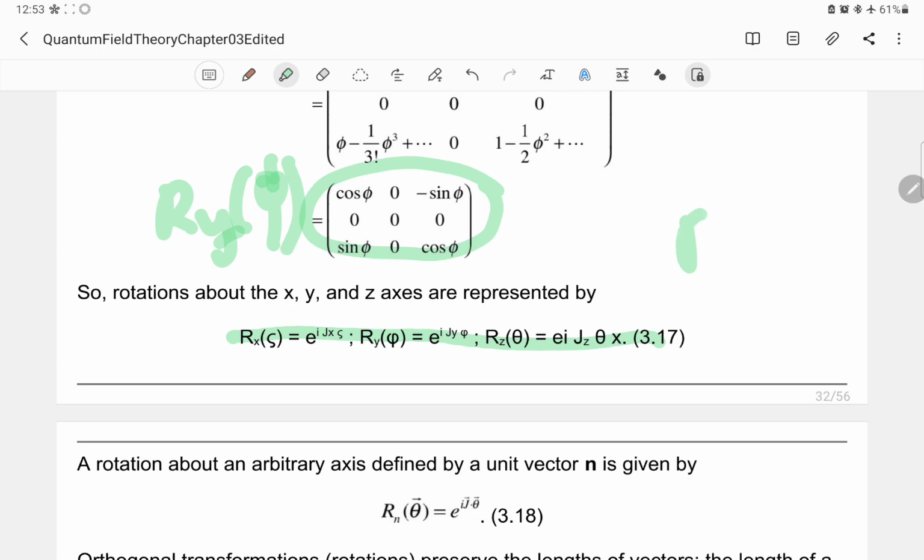Again, Rz of theta is written as e to the i Jz theta.